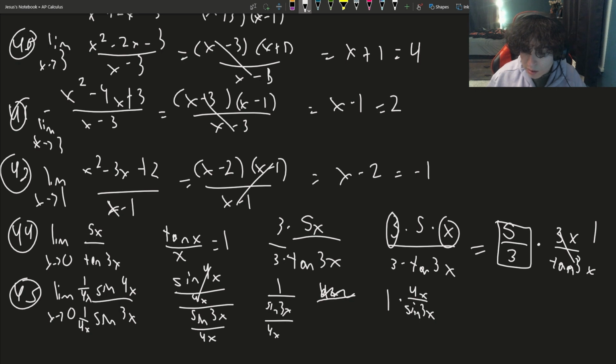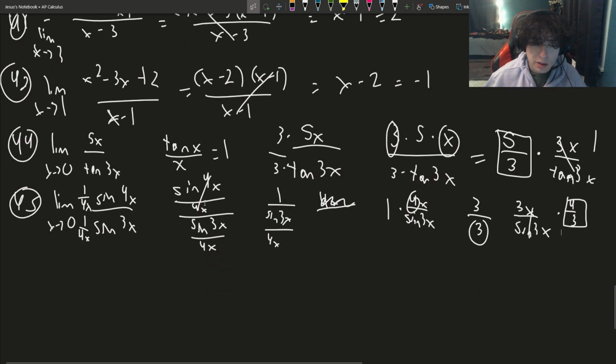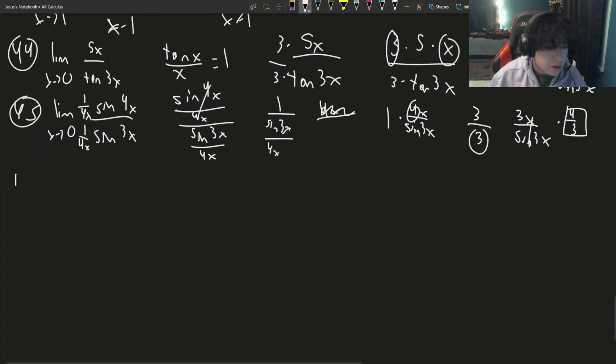So it would just be times 3 and times 3, and then that would just be the same thing as saying 3x over sine 3x, and we just get the 3 from here and the 4 from here. 4 over 3, that's just 1, and so we have just 4 over 3 remaining. But do whatever is easiest for you and whatever helps you overall.